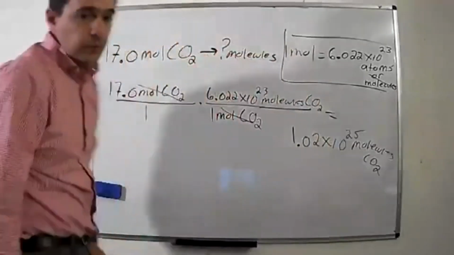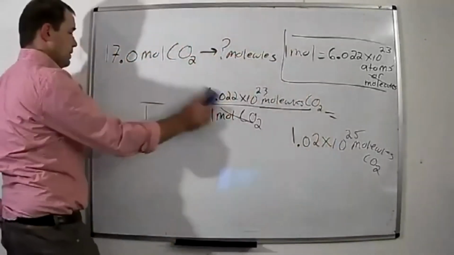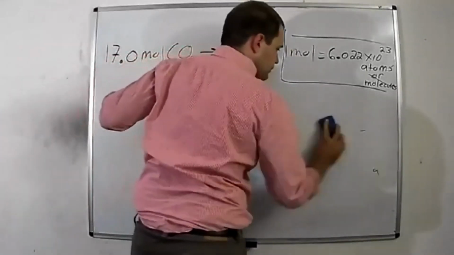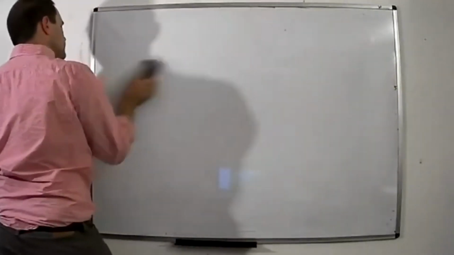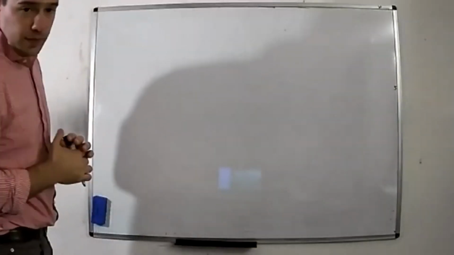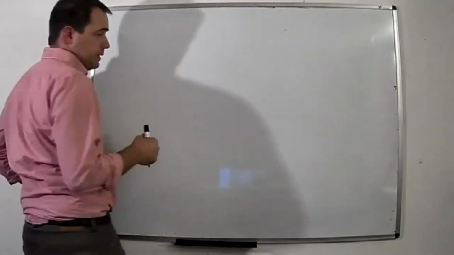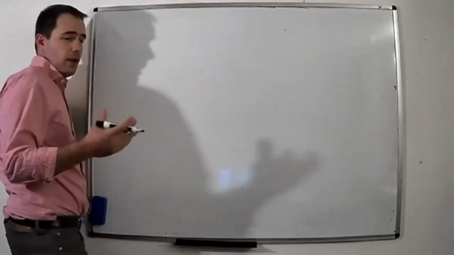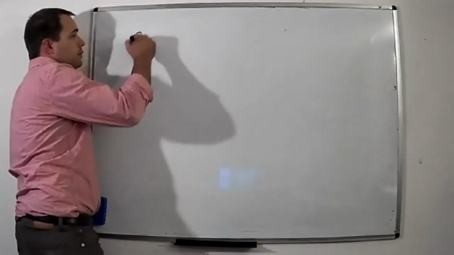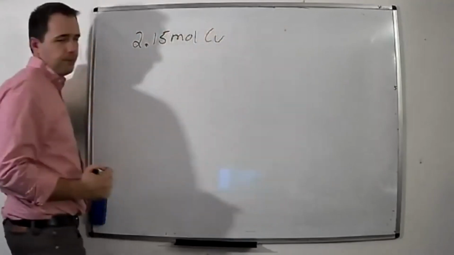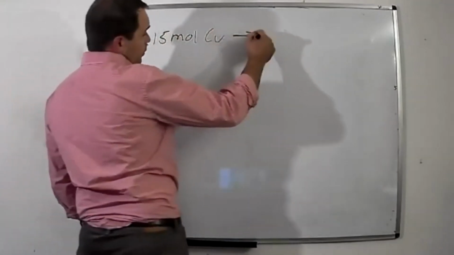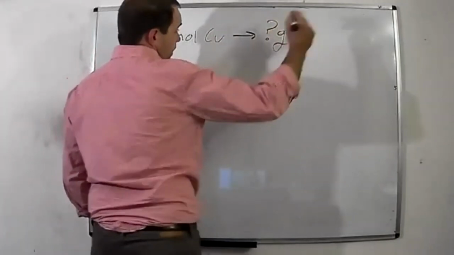So let's try some of those using dimensional analysis. So let's stick with copper. Why not? Let's say you have, I don't know, 2.15 moles of copper. And I want to know what would that weigh in grams.